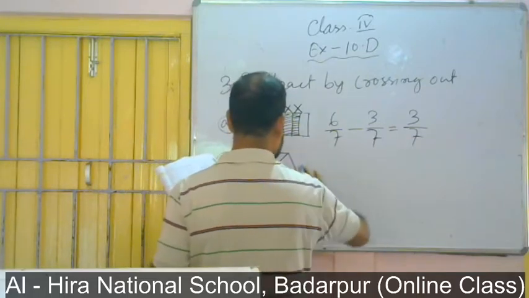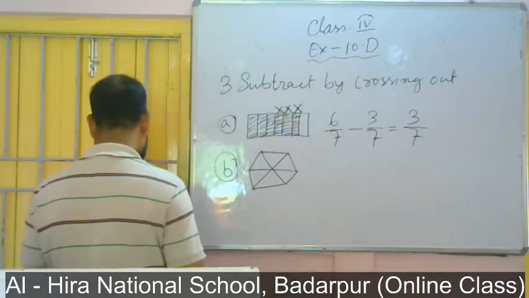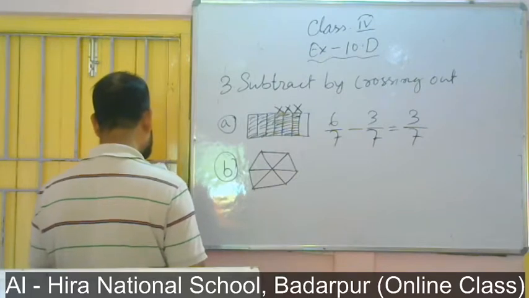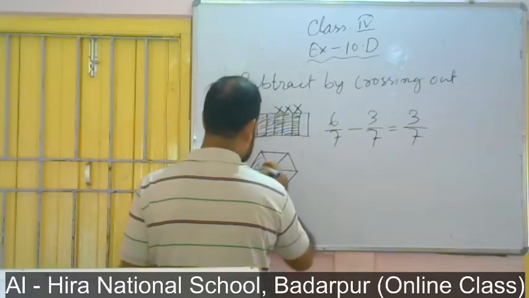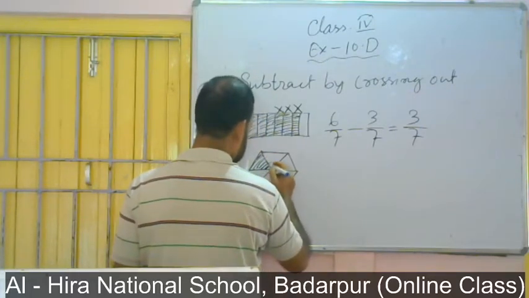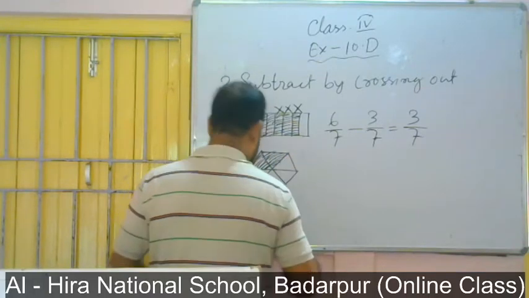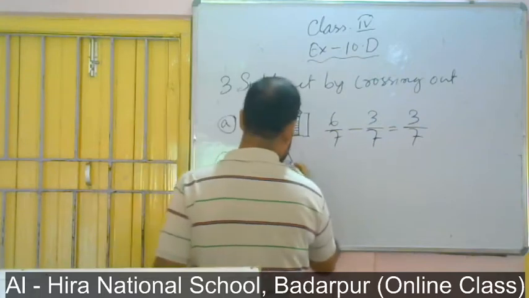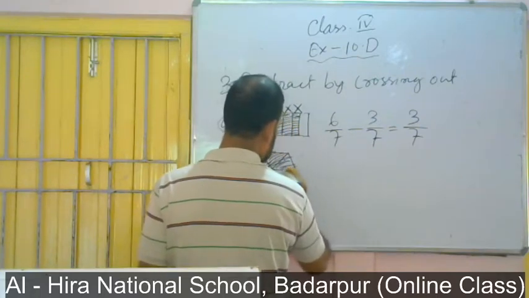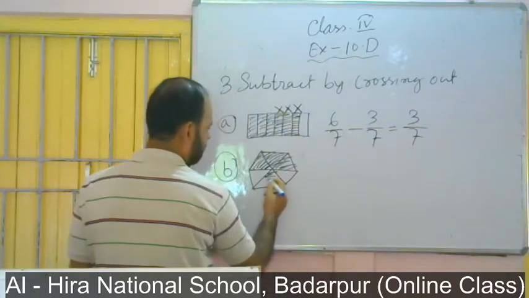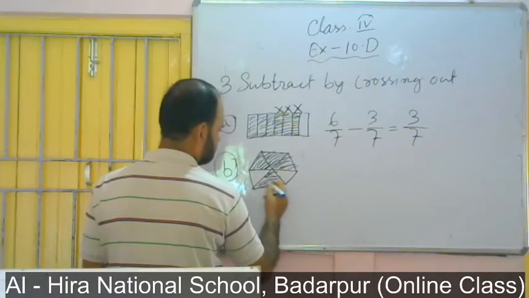Here 6 equal parts are there. Out of 6, 4 parts are shaded. 1, 2, 3, 4. Out of 6, 4 parts are colored.